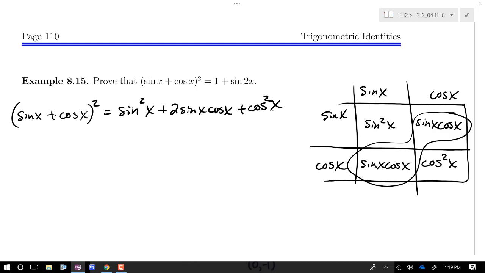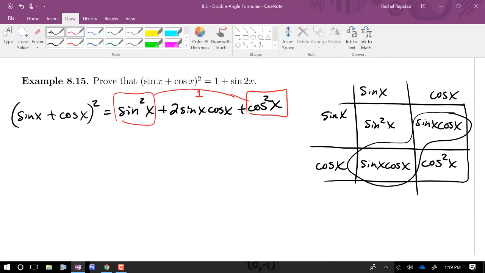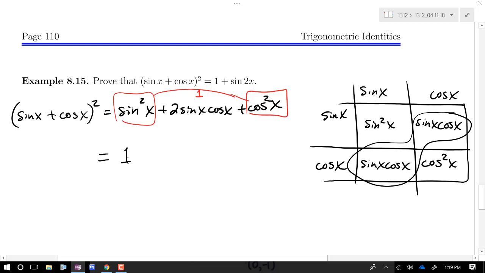Combining sine squared x plus cosine squared x to equal 1. Yeah, so this right here, we've got a nice Pythagorean identity. We know this is equal to 1. So now we have 1 plus 2 sine x cosine x.